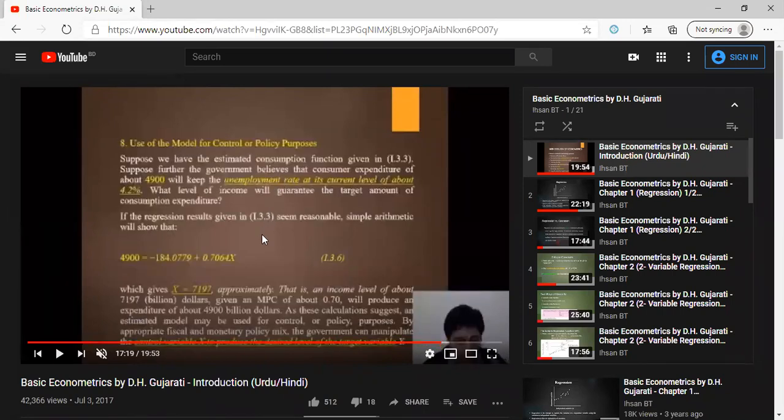Then there is, if you do other things like policy purpose, you can control. What does it mean? It means the other way. Let's say you have already estimated beta 1 and beta 2.